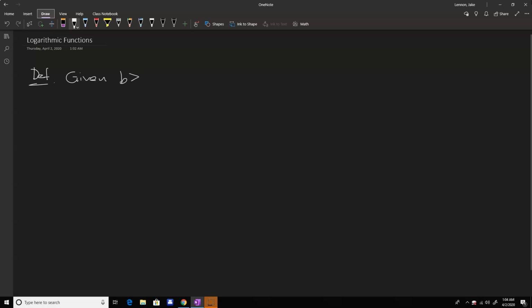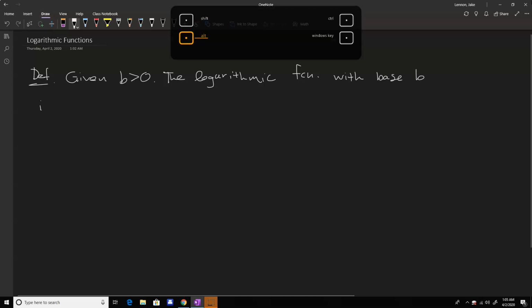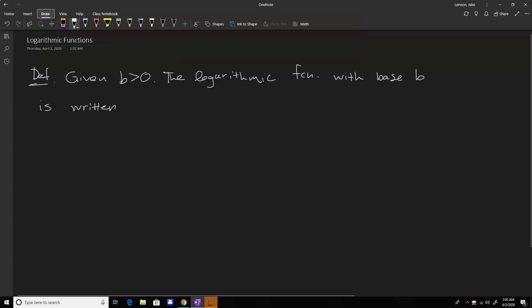So given a b greater than 0, the logarithmic function with base b is written y equals log base b of x, where there's a little subscripted b, and is defined in terms of an exponential equation.